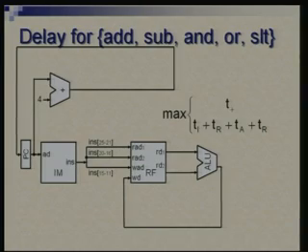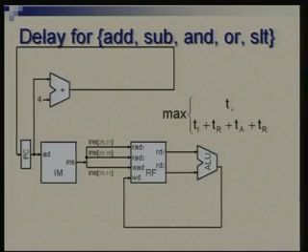If you were to consider add, subtract, and, or instructions, then there are two paths we need to worry about. A path which is computing the sum or difference or and/or, which goes through instruction memory, register file, ALU, and back to register file. So there it is TI plus TR plus TA plus another TR.